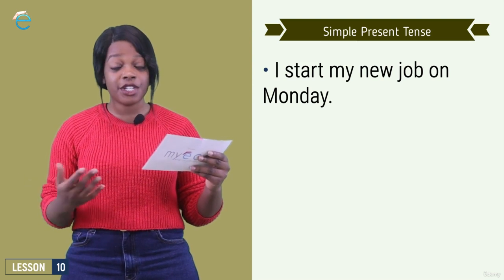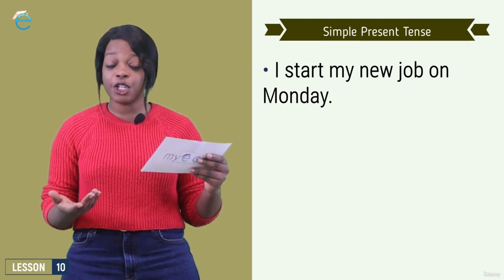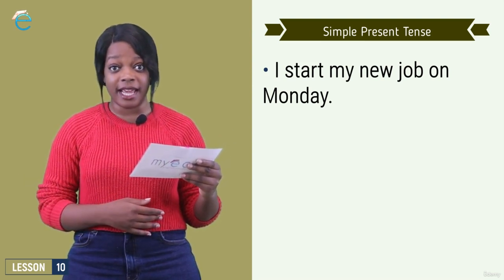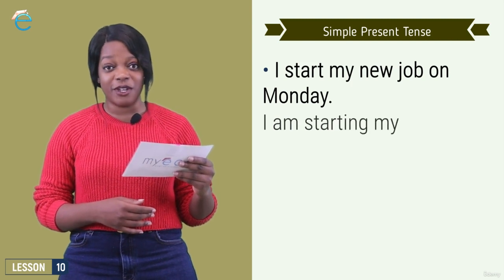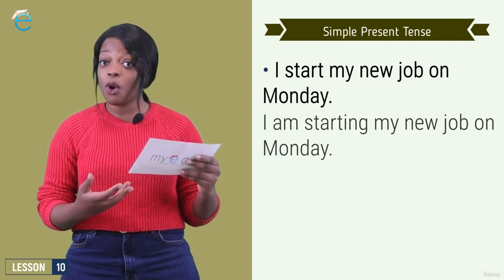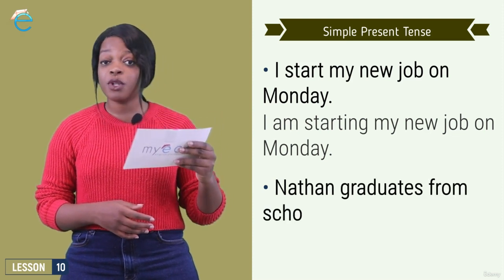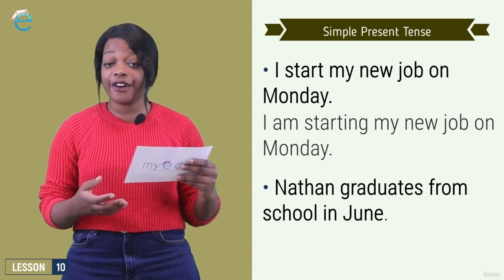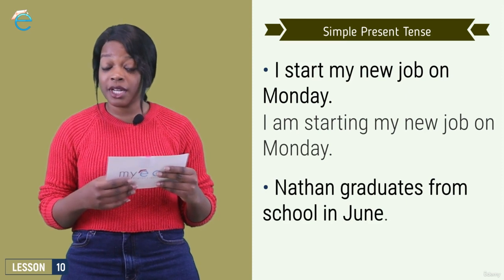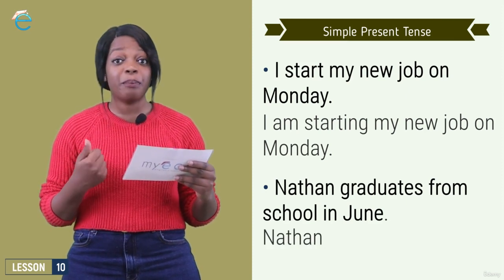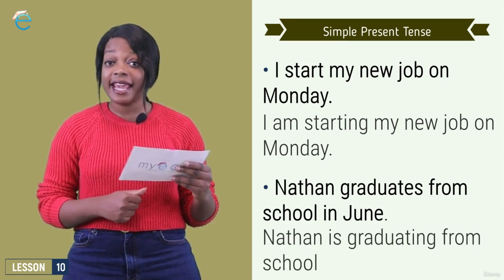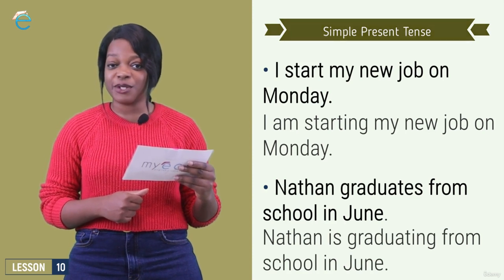This sentence is correct, but in English, usually we prefer to say, I'm starting my new job on Monday. Or, Nathan graduates from school in June is correct, but we prefer to say, Nathan is graduating from school in June.